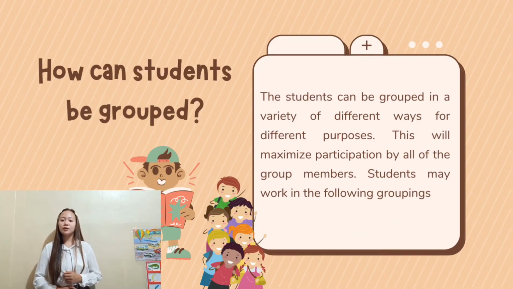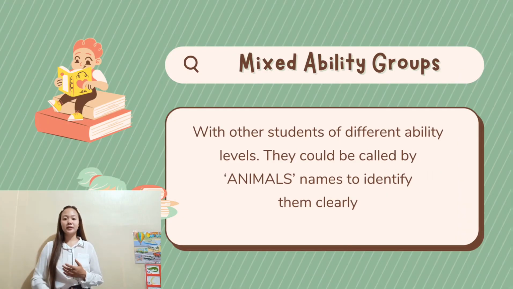The students can be grouped in a variety of different ways for different purposes. This will maximize the participation by all of the group members. Students may work in the following groupings. So first are the mixed ability groups with other students of different ability levels. They could be called by animal names to identify them clearly.